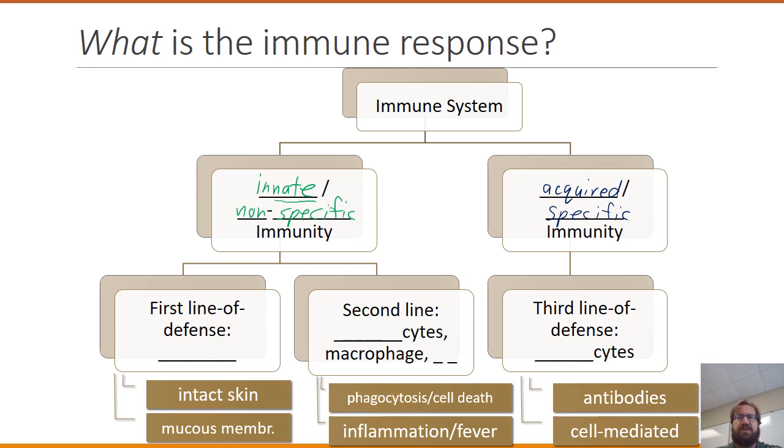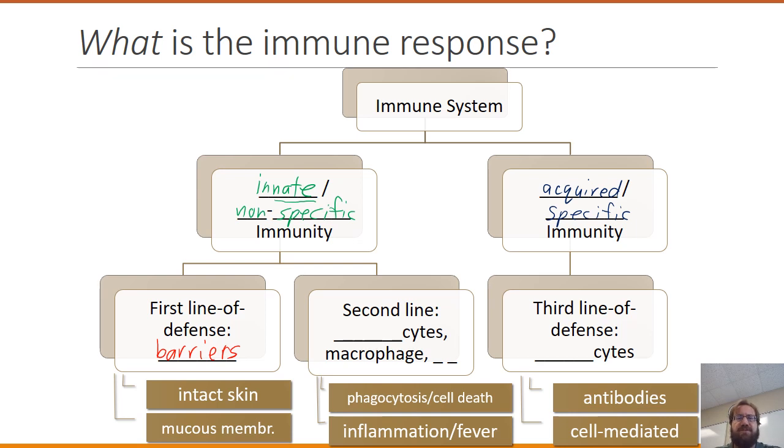Those 2 types of immunity can further be divided into 3 lines of defense. Your body's 3 attempts or 3 chances to remove a pathogen or block a pathogen from infecting you. The first line of defense are what we call the barriers. Okay?